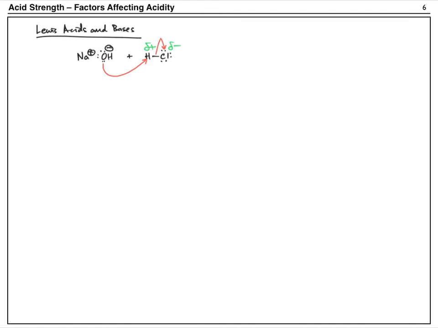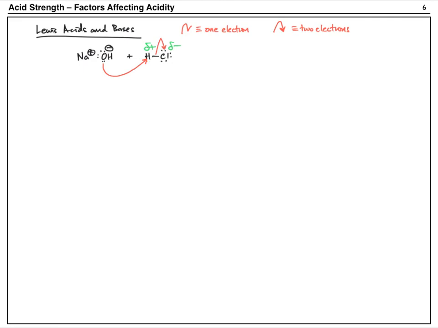So do not confuse that when you see it in the homework and in the book with an arrow that looks like that, which is called a fishhook arrow, and that only means one electron is moving. So again, when you're showing the pair moving, it has to look like that. And also notice the flow of these arrows, because we're using two of them.